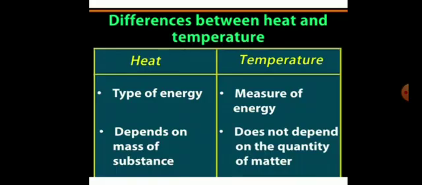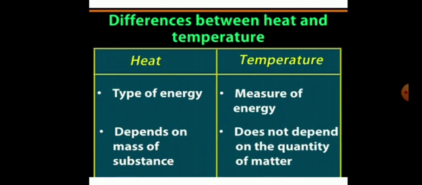Clear? So here is the basic difference between heat and temperature. Heat is a type of energy, and temperature helps to know the hotness or coldness of that object, means it measures that heat energy. Heat depends upon the mass of substance.